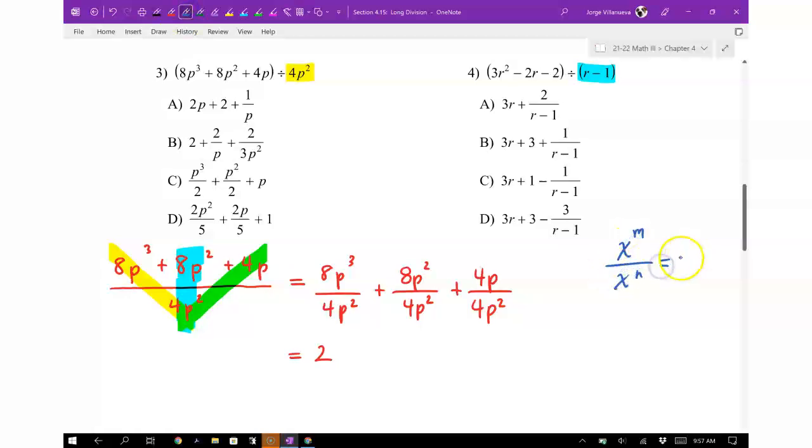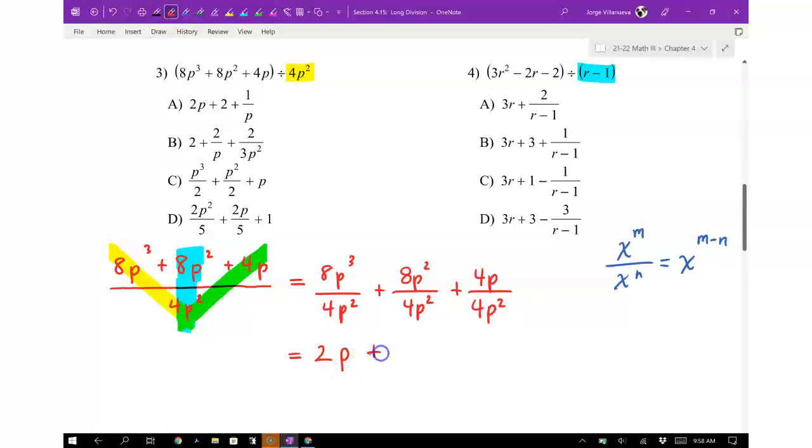This is a formula you guys learned in Algebra 1. Whenever you divide by the same base, the base is the big number or the big letter, and they have different powers, all you got to do is keep that base but subtract the powers. So notice p cubed over p squared, that's 3 minus 2. What's 3 minus 2? 1. So I'm just going to write p to the first, which is just p.